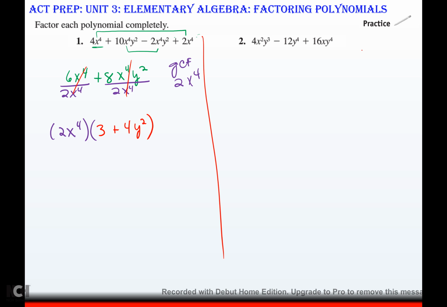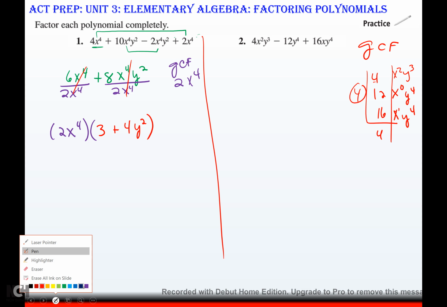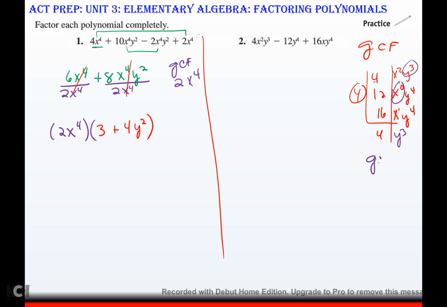Okay, on 2, there's no like terms, so I see 3 terms. I'm going to look for a GCF out of 4, 12, and 16. Always check the smallest number. 4 works. My letters, I have x squared, y cubed, x. If you want to know, when you don't have anything, that second one would be x to the 0, y to the fourth, and the last one is x to the first, y to the fourth. So when I pick my smallest degrees, I got to pick x to the 0 and y to the third, which just means x to the 0 is 1. So my GCF is 4y cubed.